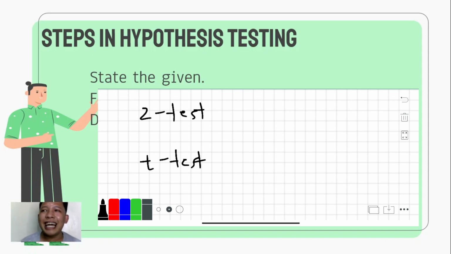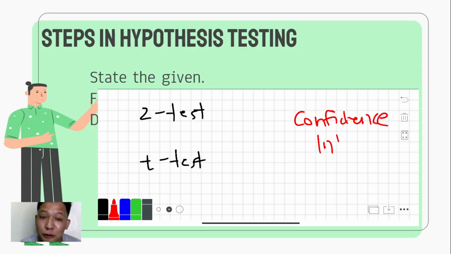So, just like what we did on the computation of the confidence interval, if you still remember the confidence interval, I hope you do. Sana natatandaan po. Kasi ito si confidence interval is actually a part of hypothesis testing.